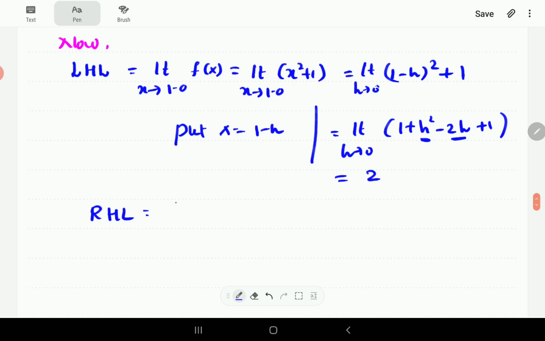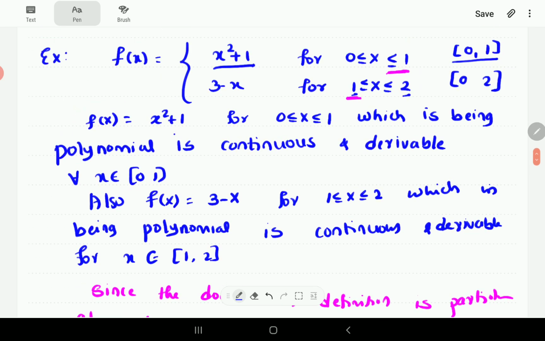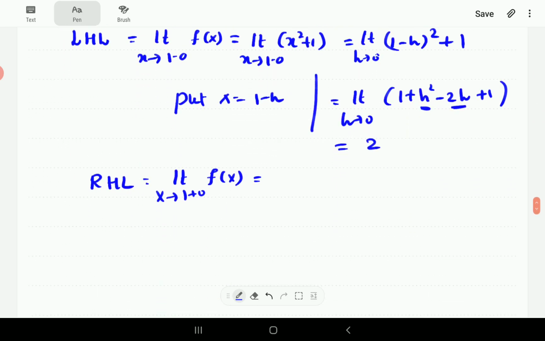RHL is limit of f of x as x tends to 1 plus 0. As x is greater than 1, the function is defined as 3 minus x. So take limit x tends to 1 plus 0 of 3 minus x. For the right hand side, put x equal to 1 plus h.